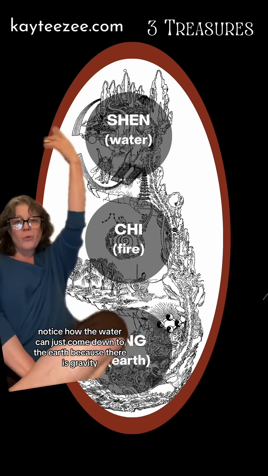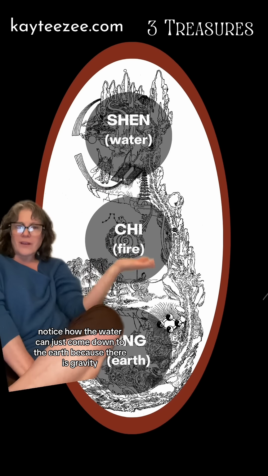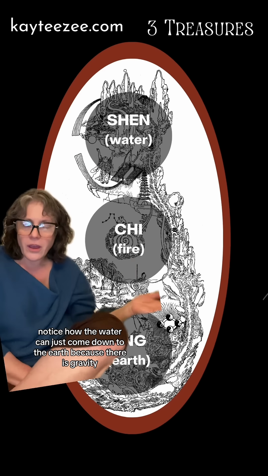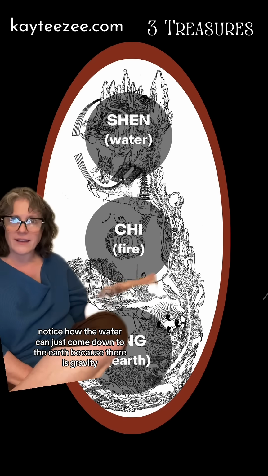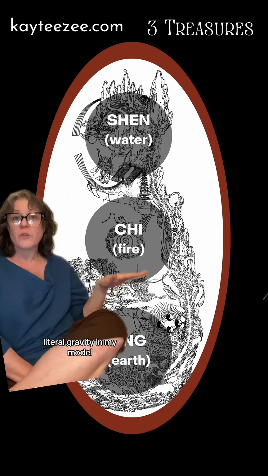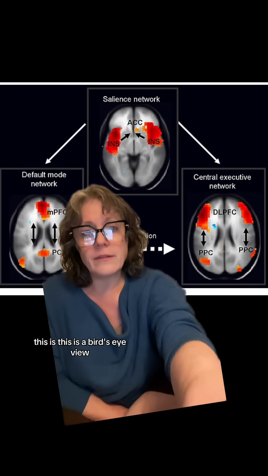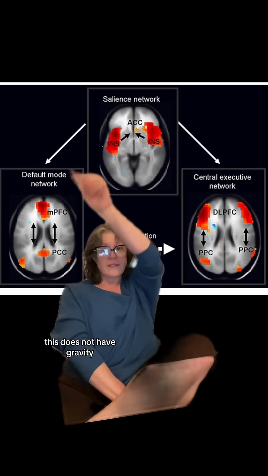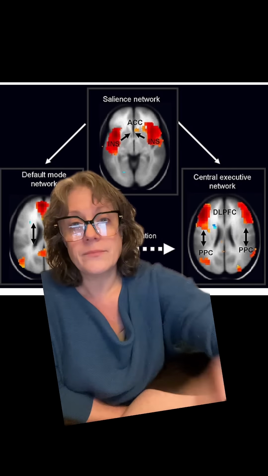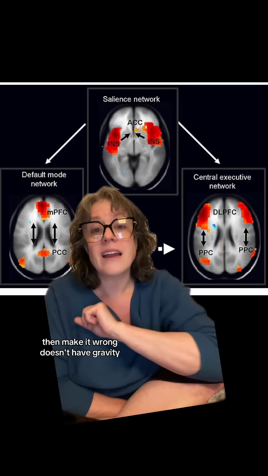Notice how the water can just come down to the earth, because there is gravity, literal gravity in my model. This is flying above the brain. This is a bird's eye view. This does not have gravity. Doesn't make it wrong. Doesn't have gravity.